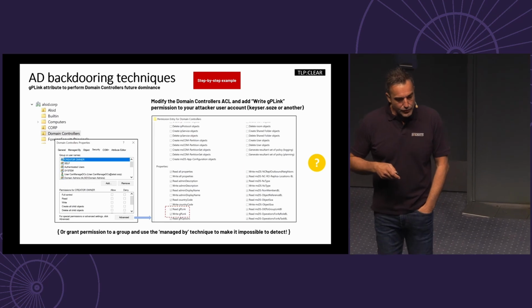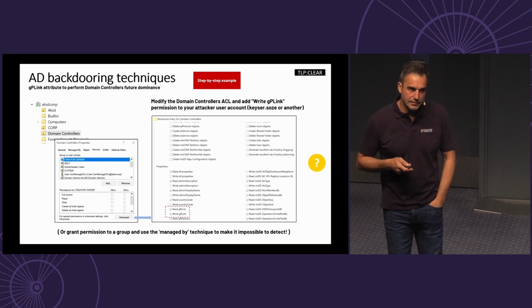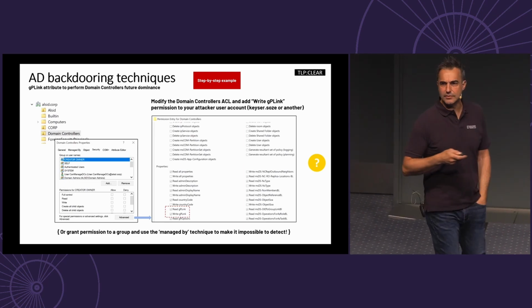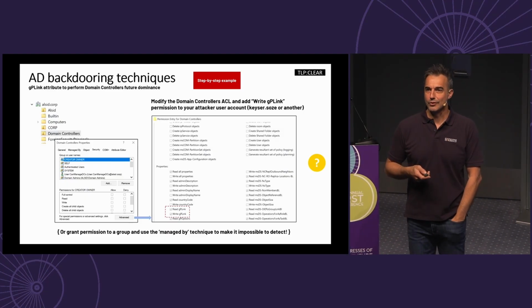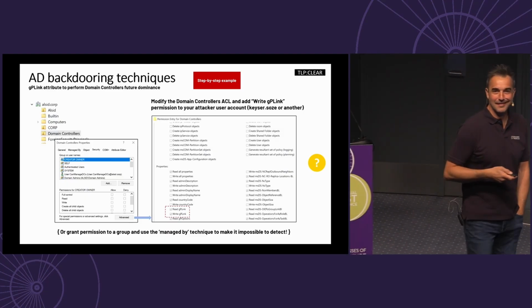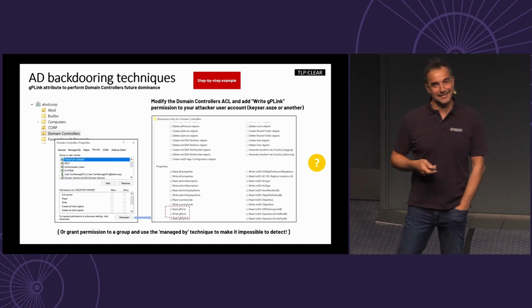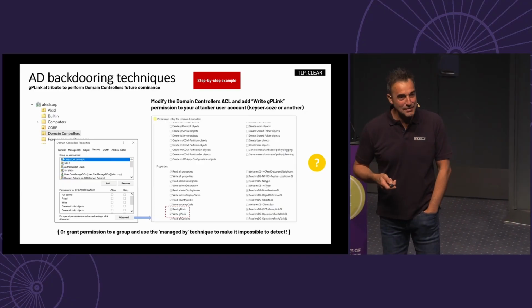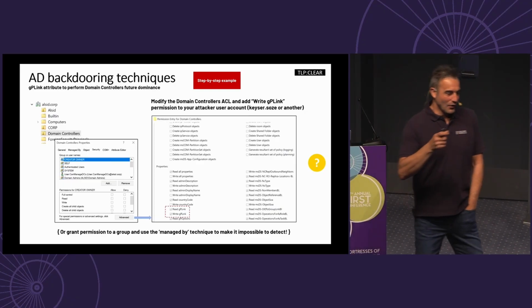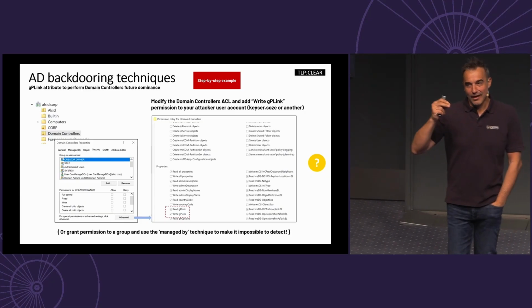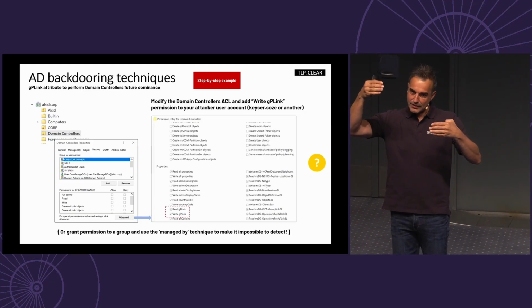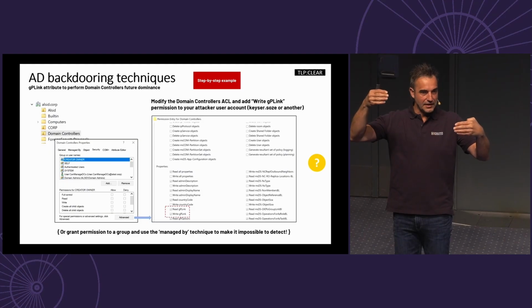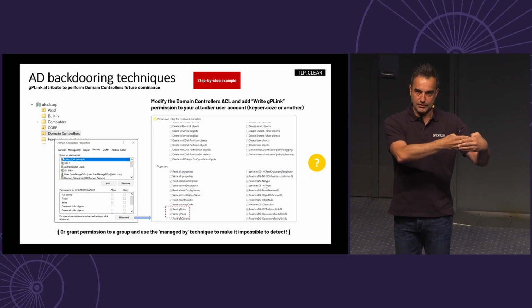And now, you will modify gPLink. Who knows what a gPLink is? Wow, you are tired. Too much rum and stuff like that yesterday. gPLink. Okay, so when you decide to make the link between a GPO and an OU, what you do behind the scenes is modify the gPLink attribute.